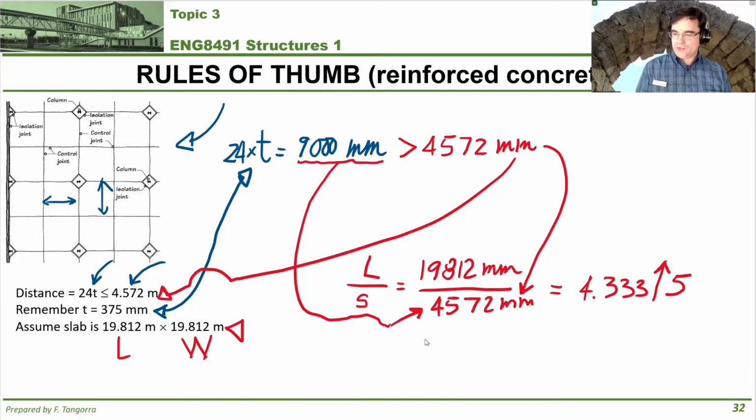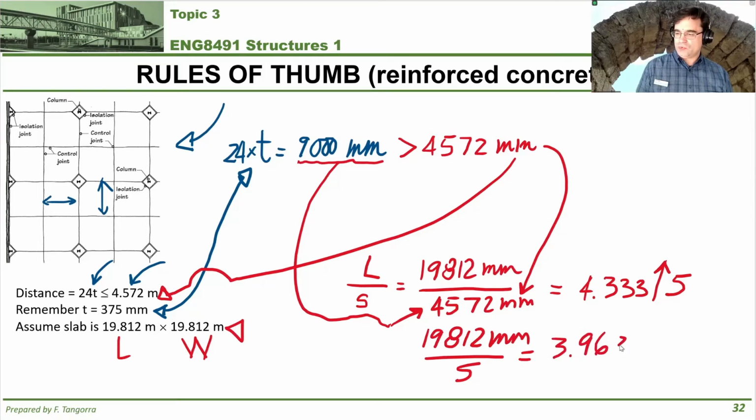So all you're going to do then is repeat 19,812 millimeters, divide by 5 spacings, and that's going to tell you that you're going to be using 3,962 millimeter spacings.